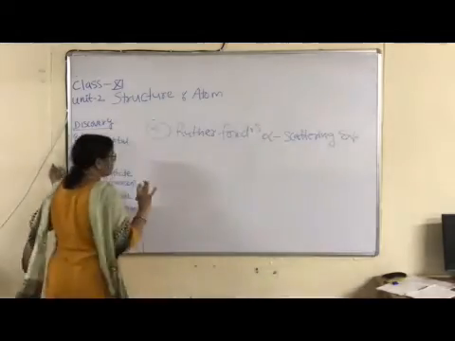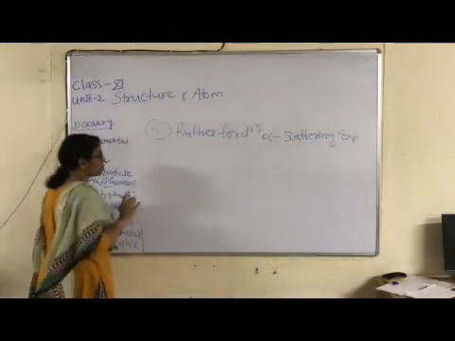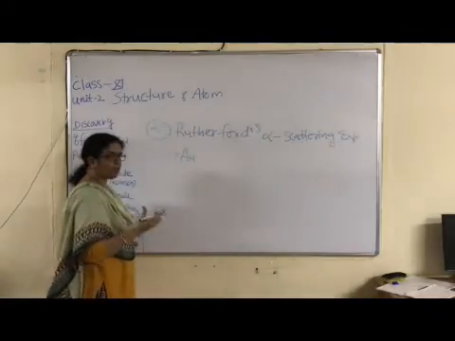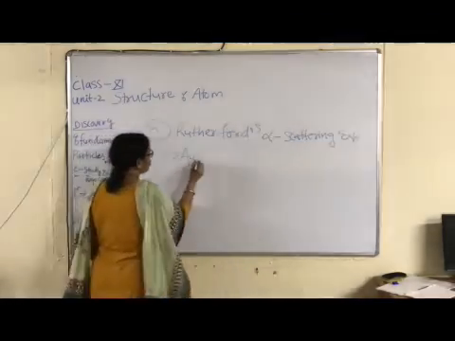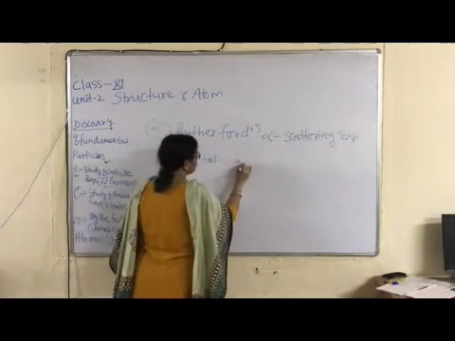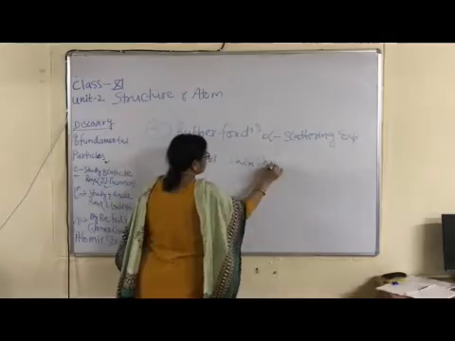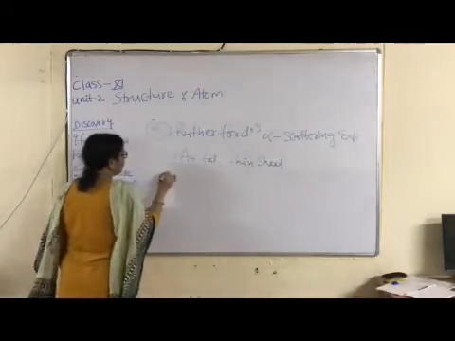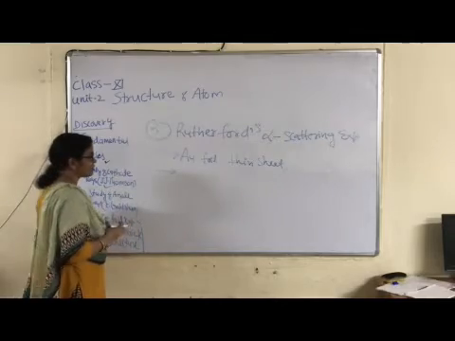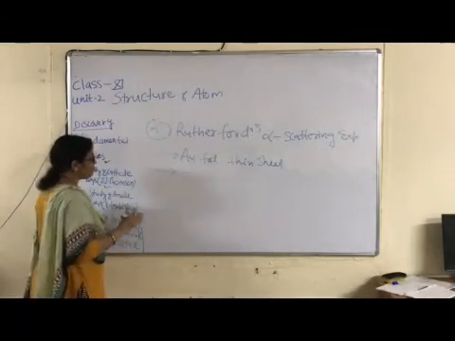I am writing the important features, children. Rutherford used gold foil. Gold is a flexible, soft, noble metal. Foil means thin sheet. Then he bombarded alpha rays, alpha particles, through the gold foil.